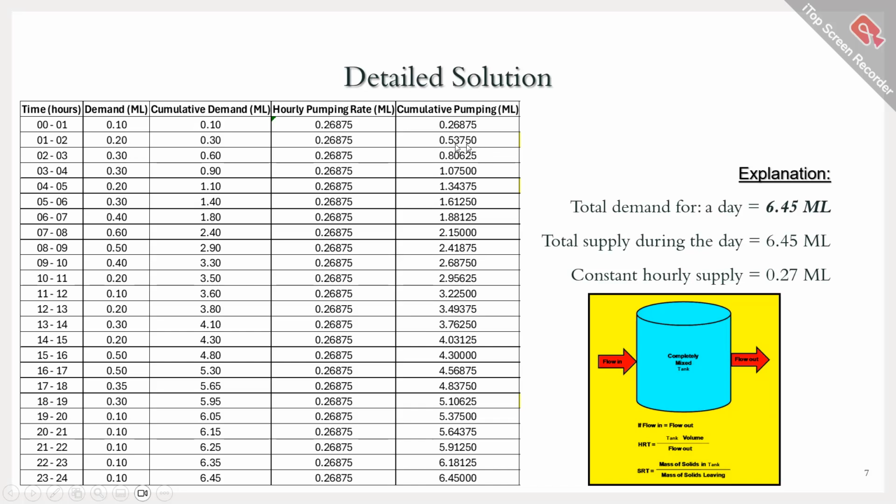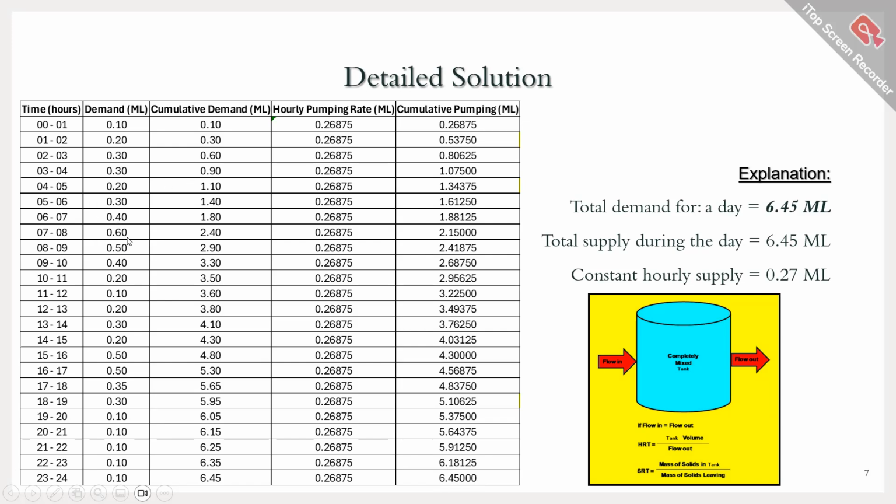The third hour cumulative will be this value plus this value, or 0.27 into 3. The fourth hour will be 0.27 into 4. The fifth hour's cumulative pumping rate will be 0.27 into 5, and so on. At the end of 24 hours, it will be 0.27 into 24, that means 6.45.